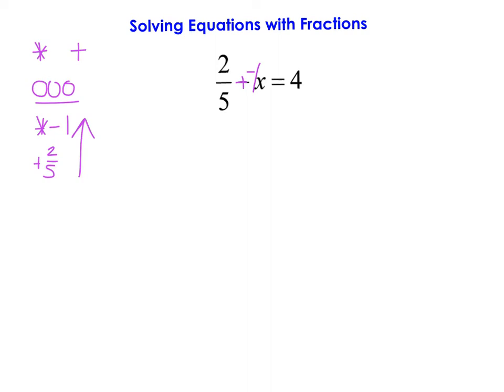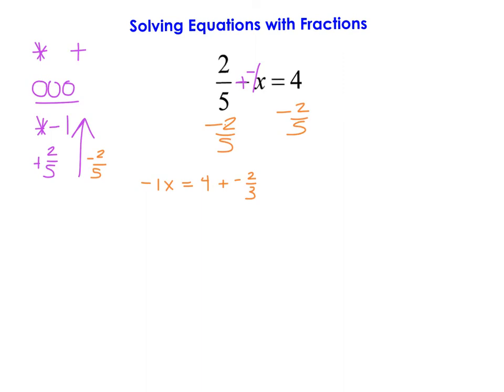So in order to undo the addition of 2/5, I need to subtract 2/5, or add a -2/5 to each side. So I subtract 2/5, subtract 2/5. I end up with -1x is equal to 4 plus a -2/3. So then from here, I need to combine these two items on the right-hand side. In order to do that, I need to have common denominators.